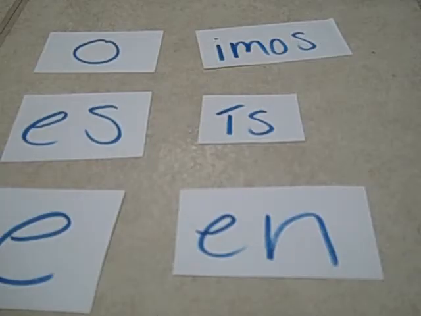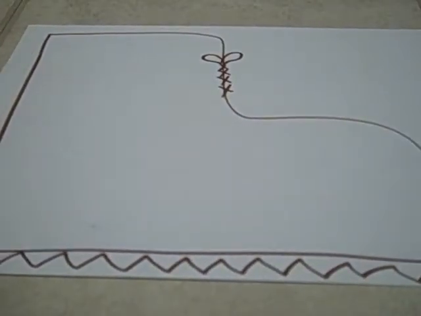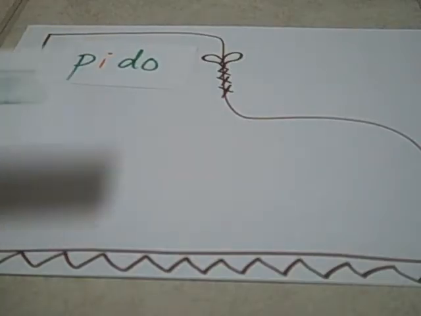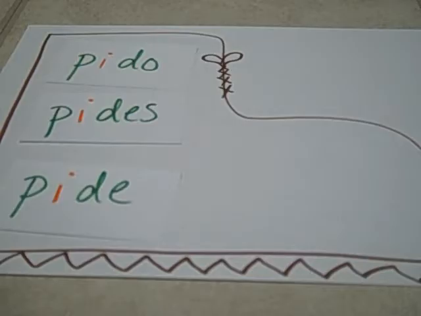Now the E will change to an I in those 4 forms that fit in our boot. Like this. Yo pido. Tú pides. Usted pide.